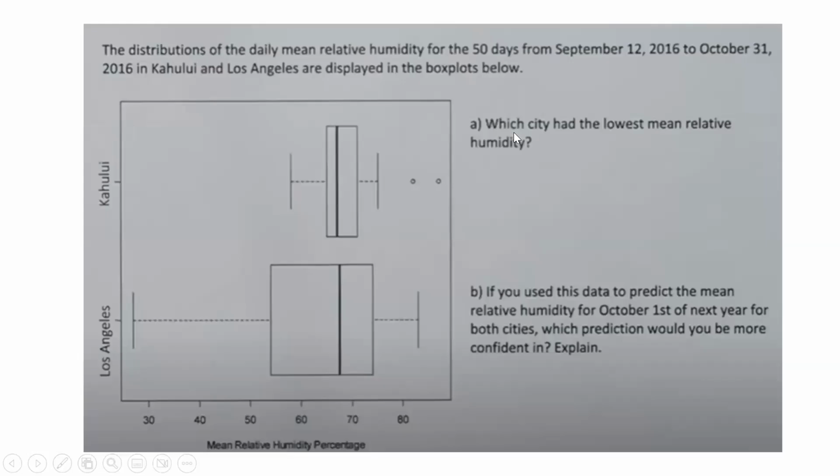All right. So these are now examples of box and whisker plots. How will you describe this data set now?